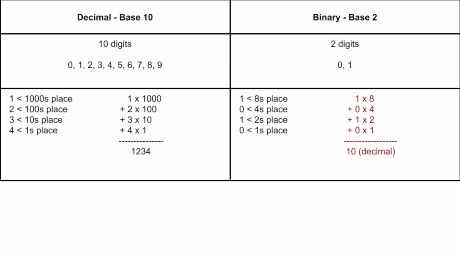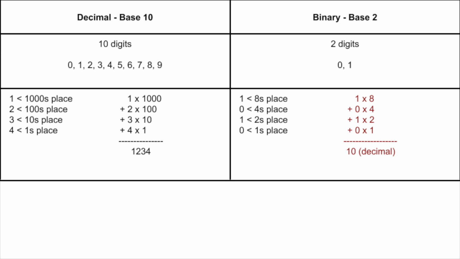Now, if we want to convert binary to decimal, we can do a similar thing with the binary place values. So we have 1 times 8 plus 0 times 4 plus 1 times 2 plus 0 times 1. And if we add that up, we get 10. So this number in binary is equivalent to the decimal number 10.